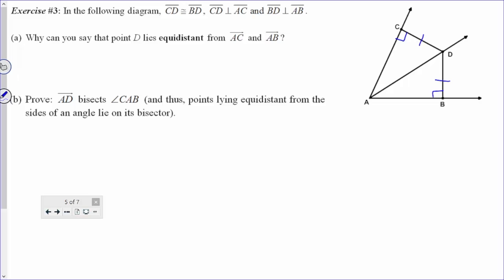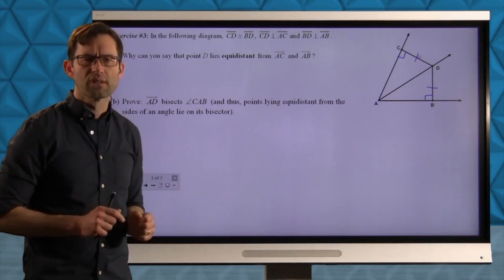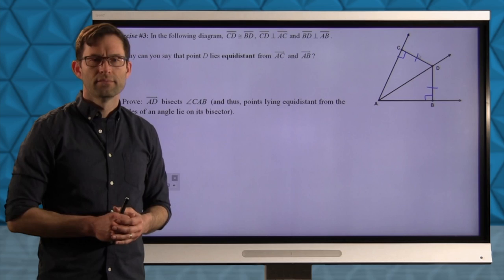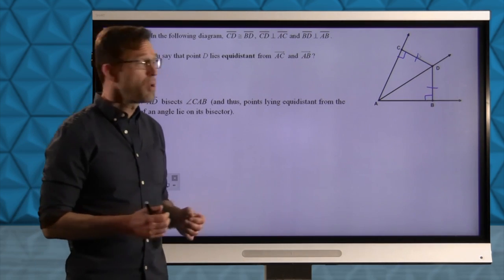All right? Letter A says, why can you say that point D lies equidistant from ray AC and ray AB? Why can you say that? Equidistant means the same distance. And why is that? It's pretty simple, actually.